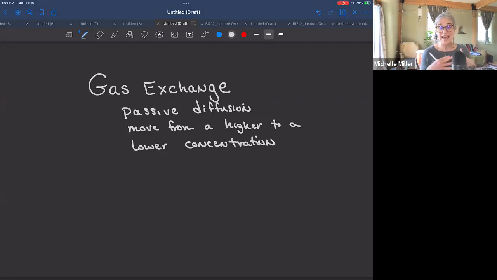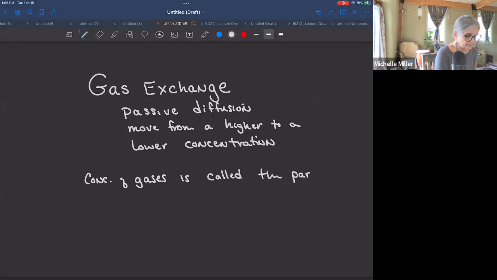So our system is designed so that there is always a difference in the pressures, difference in the concentration. So the concentration of gases is called the partial pressure. So you just need to know that our atmosphere is composed of more than one type of gas. And so like oxygen is like 21% in our atmosphere, and nitrogen is much higher.